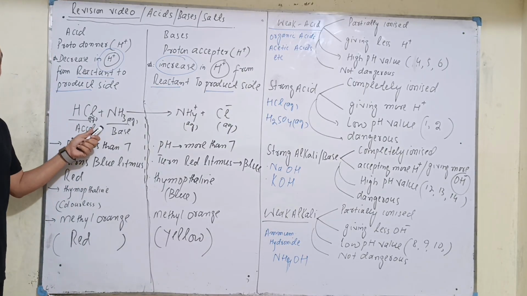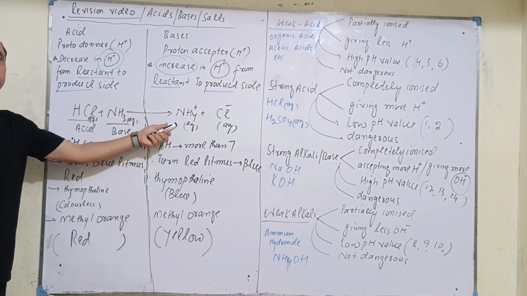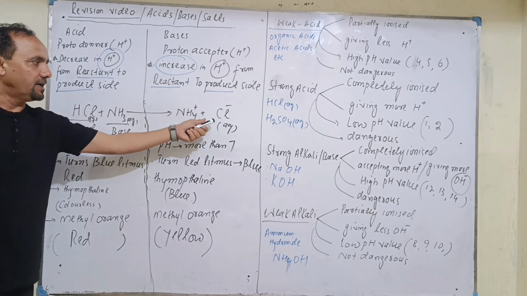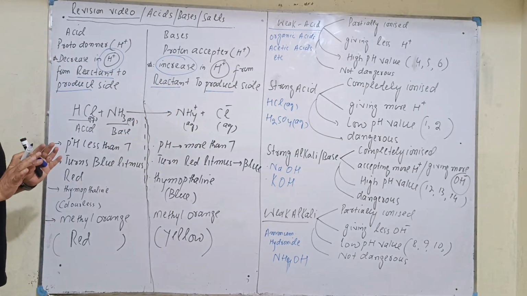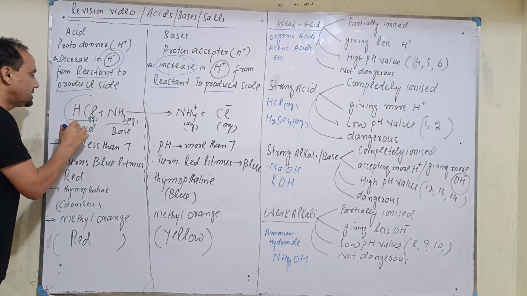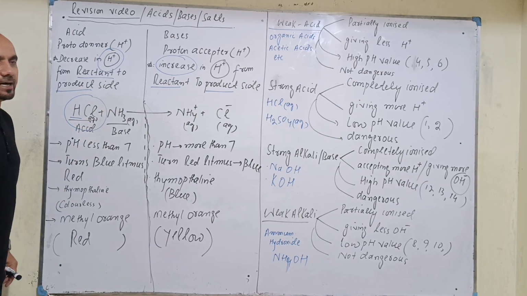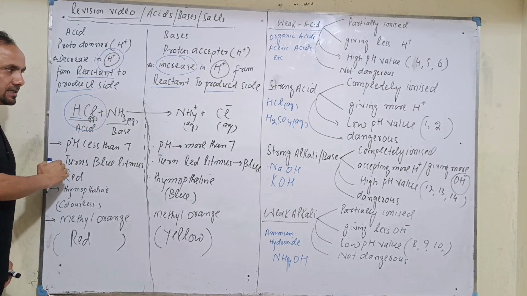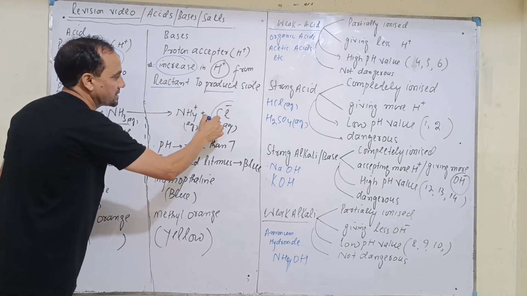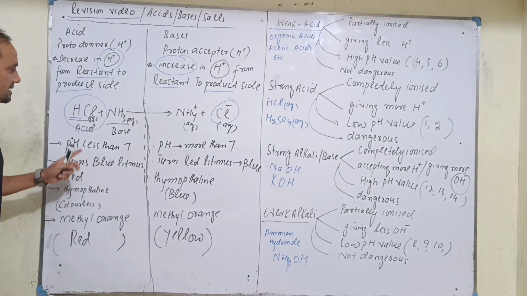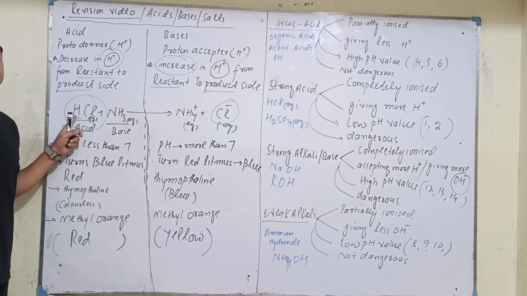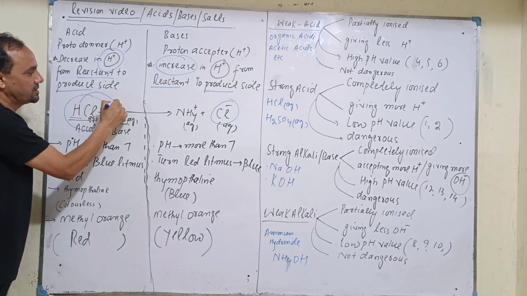HCl reacts with ammonia and they form ammonium ion and chloride ion. Now compare the number of hydrogen ions. HCl has just one hydrogen on the reactant side, but on the product side chloride has no hydrogen. What it means? HCl has donated the hydrogen.